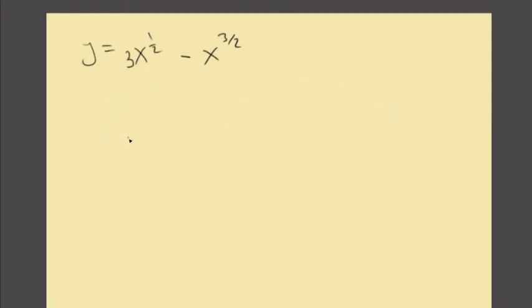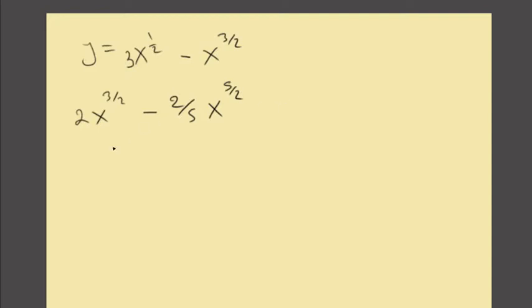So let's integrate this, and you should know how to do this from the previous video. Integrating it gives us 2x to the power of 3 over 2 minus 2 over 5 x to the power of 5 over 2.